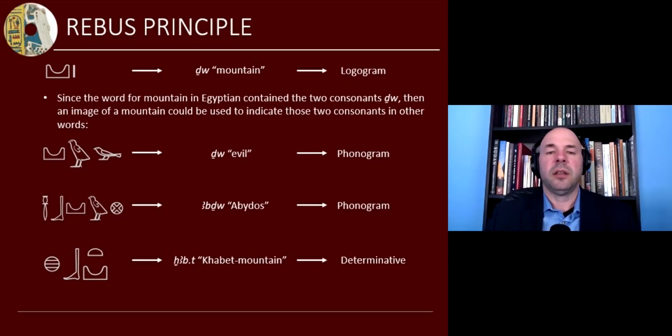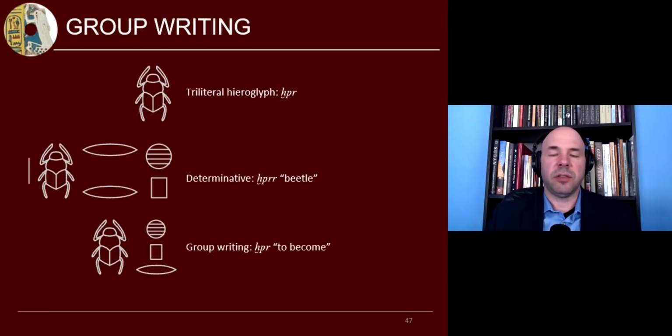So this is why learning hieroglyphs requires some flexibility when you're looking at the writing of the words, because you'll see a lot of variation from one text to another, from one scribe to another, one period to another in the writings of individual words. And so what you do is you learn to read the groups, right? So you have, for example, at the top here, a triliteral hieroglyph standing for the three consonants Heper. It's just the beetle.